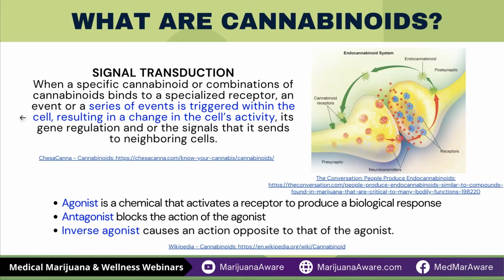This is going to be a positive reaction, a negative reaction, or an inverse reaction. So an agonist is going to connect to the receptor and produce a response. An antagonist is going to attach to the receptor and block a response. Or it's an inverse agonist, which means that it's going to connect to the receptor and produce the inverse effect of the agonist.